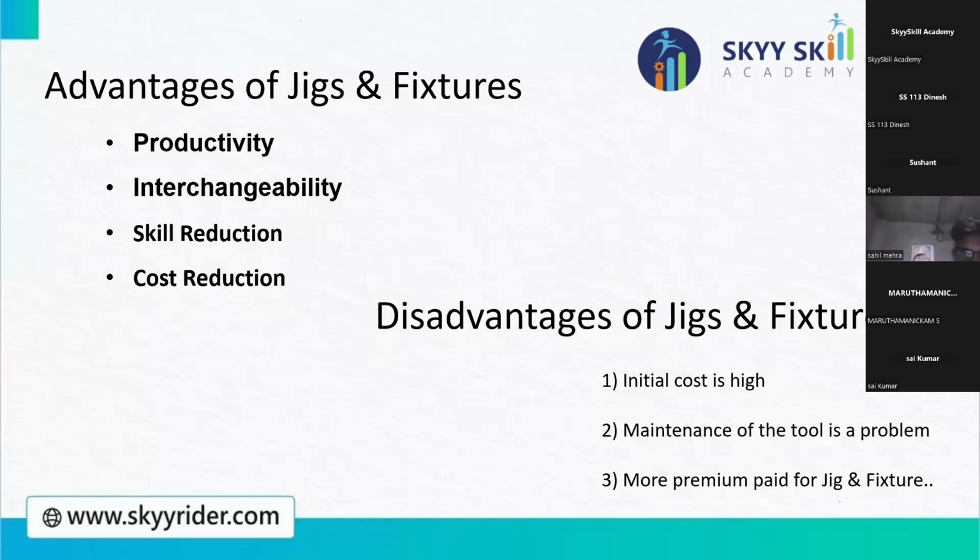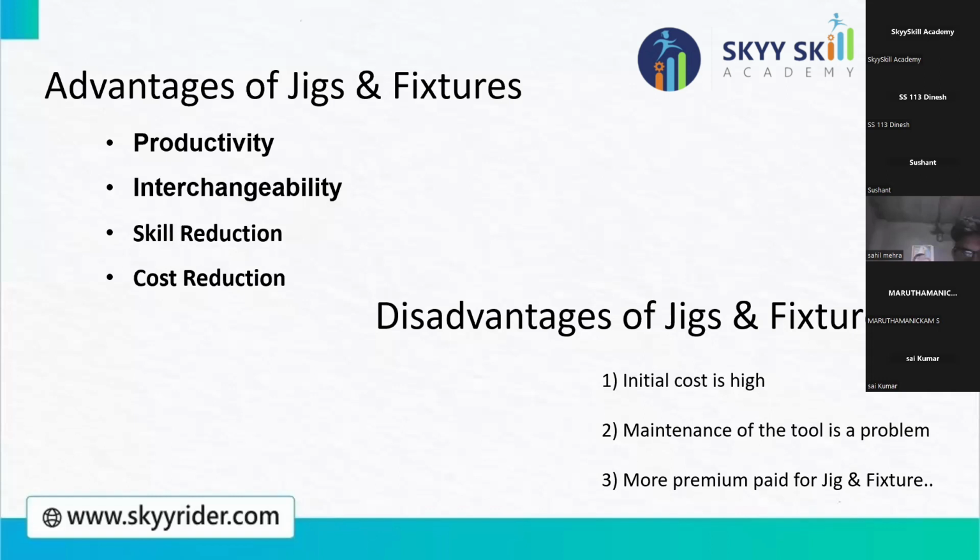That also has to be considered for productivity. So these are the contributors for productivity: frequent checking of the component, frequent positioning of the component, the clamping pressure, and the locating areas. These things have to be considered in productivity.